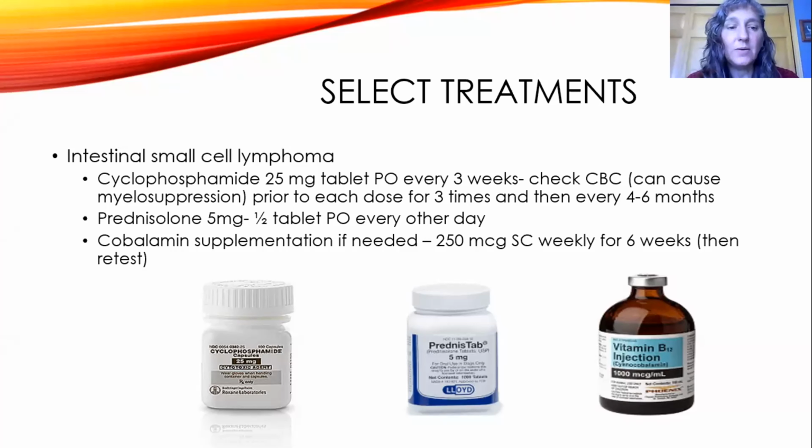It is supplemented with prednisolone, giving half of a 5 milligram tablet every other day. And like with IBD, many times the cobalamin level may be low, and supplement is indicated at that 250 microgram dose under the skin every 6 weeks, and then retesting.